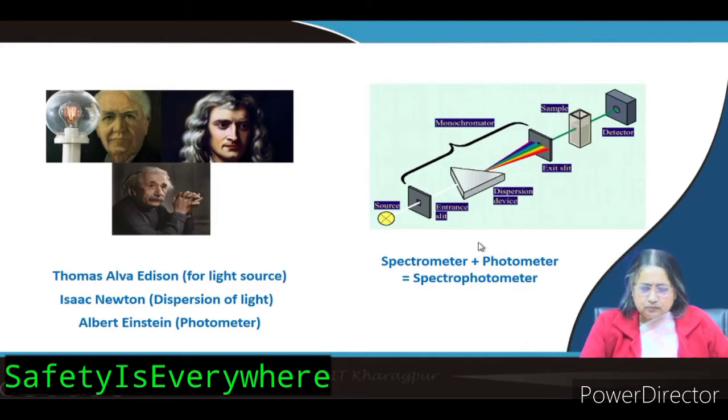Now, second part is the diffraction grating, that means the light is dispersed into different wavelengths. Previously a prism was used, but now a diffraction grating is used.